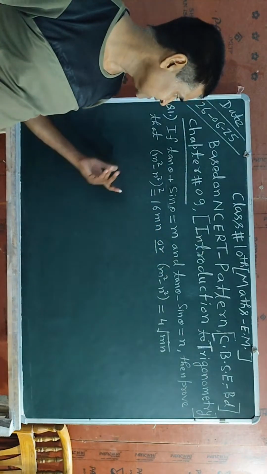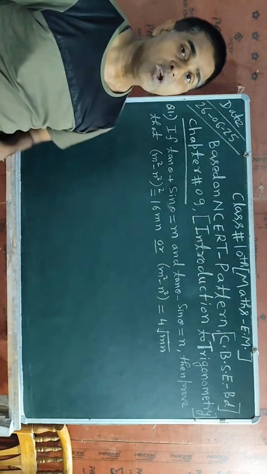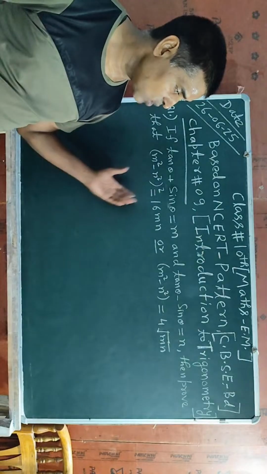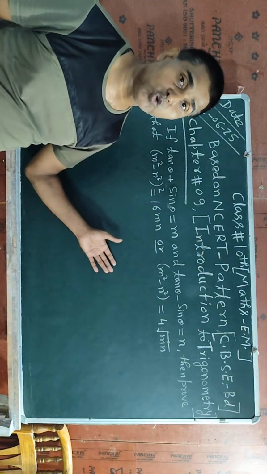After simplification you get the left hand side equal to the right hand side. In this way you will achieve your destination.